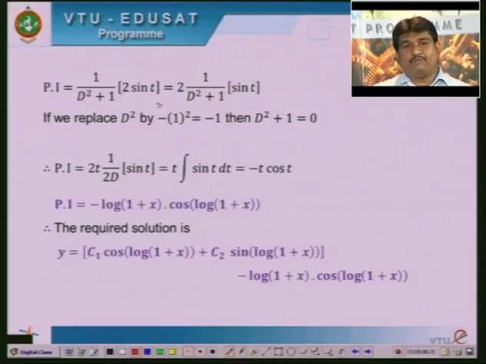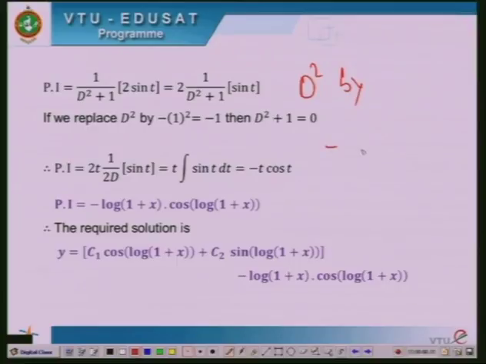In type 2, we have to replace D square by minus a whole square, where a is this one, sine of ax plus b. In this case, a is 1, but if we replace D square by minus a square, the denominator becomes 0, and hence you multiply by the independent variable, which is t here, and differentiate the denominator, which is 2D, operated on sin t.